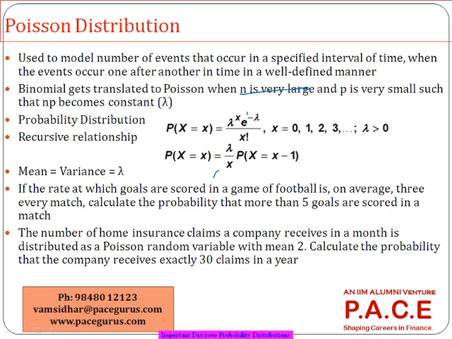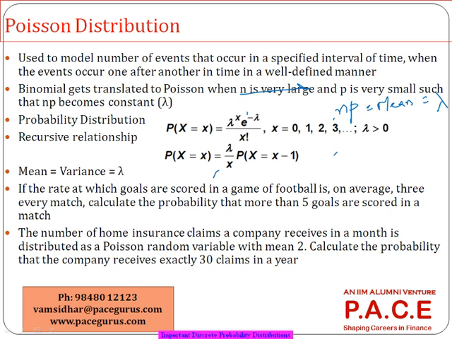The linkage between binomial and Poisson is like this. The number of trials should be very large and the probability of success should be very small, such that when I multiply the number of trials into the probability of success, NP, which is the mean of the binomial distribution, it should be more or less constant. If NP is more or less constant, I can use it as a Poisson distribution.